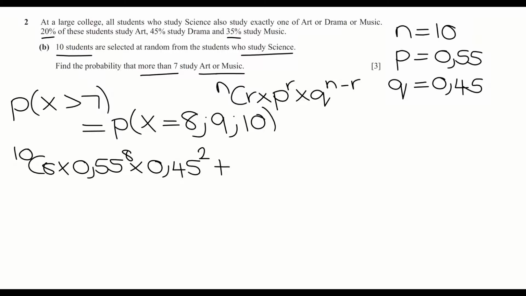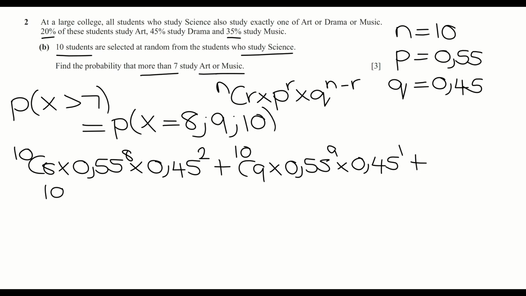Now we can look when X is 9. You can say 10C9 multiplied by 0.55 with an exponent of 9 multiplied by 0.45 with an exponent of 1. Let's add X values of 10. I'm going to write them down here.